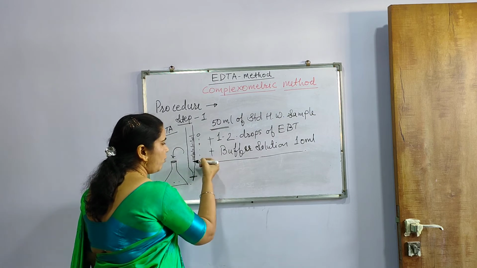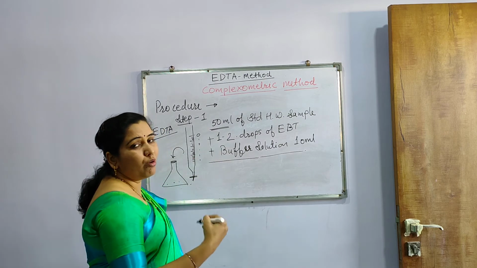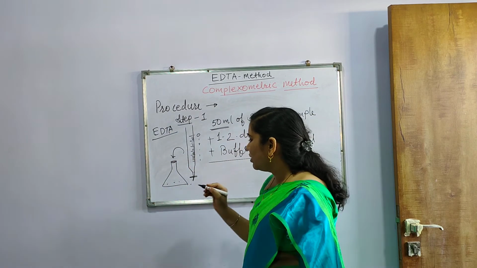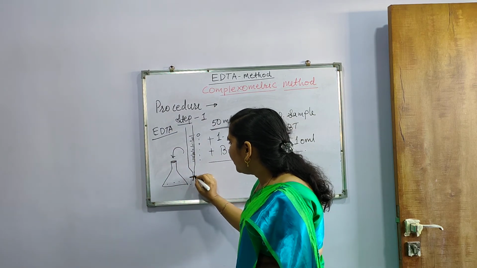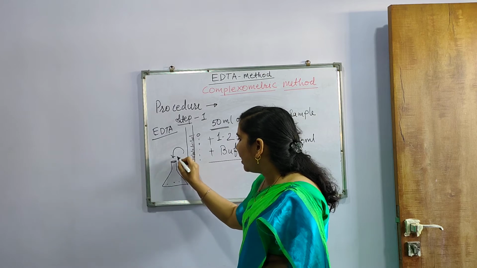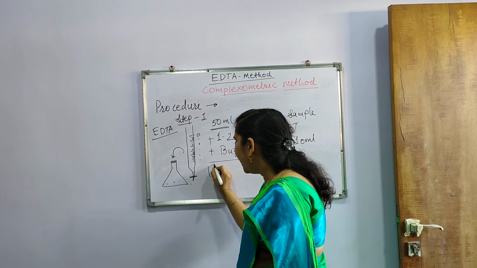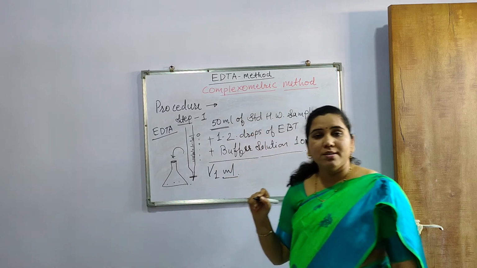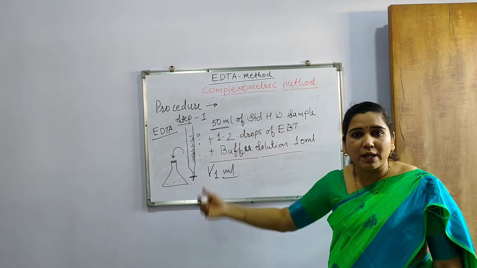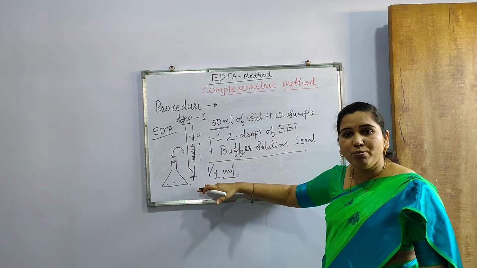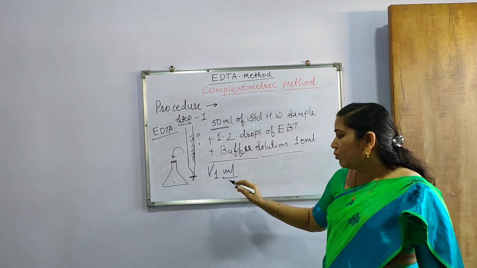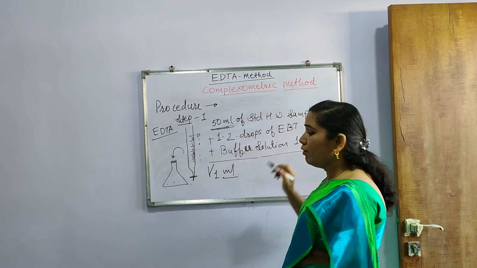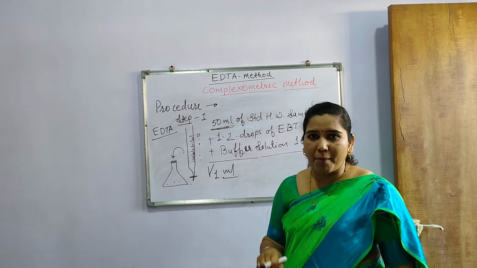After addition of a particular volume of EDTA, we get a color change. That volume is considered as V1 ml for convenience during the calculations. So V1 ml is the volume when we have used 50 ml of standard hard water sample.